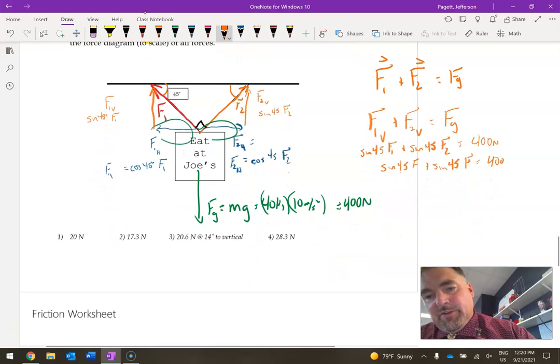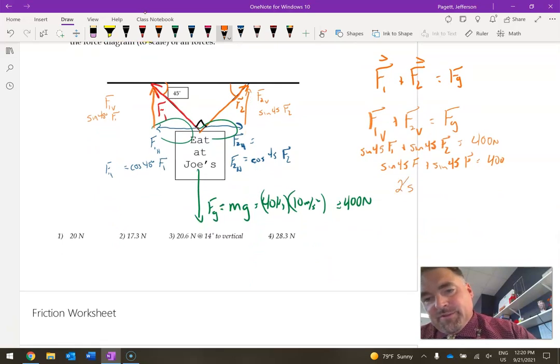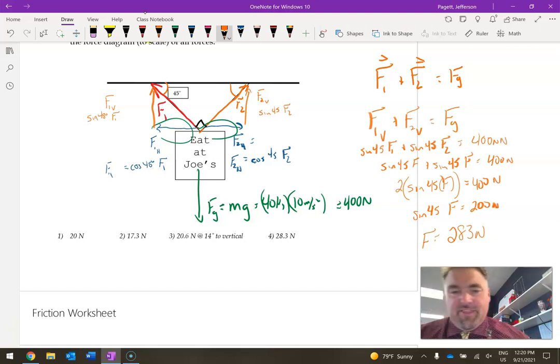So if I rewrite this, 2 times the sine of 45 times F is equal to 400. So the sine of 45 times F must equal 200. And so F will kick out to be 283 newtons. And the way I got that, I took the 200 newtons and I divided that by the sine of 45. Now you notice I screwed up here. I forgot to multiply by 10, so it should be 28.3. This should be 283 newtons.